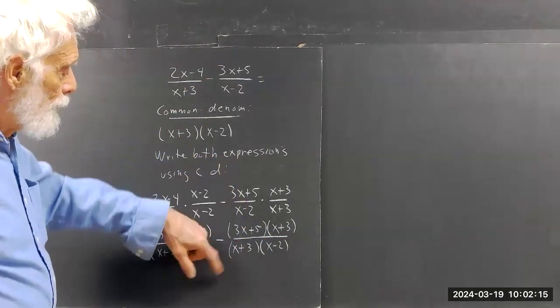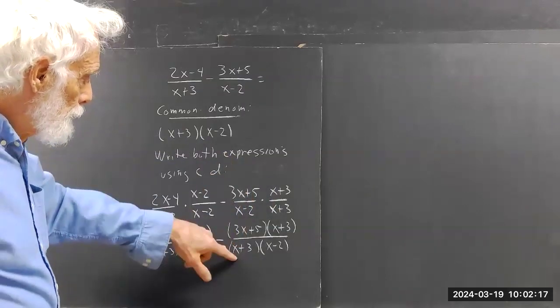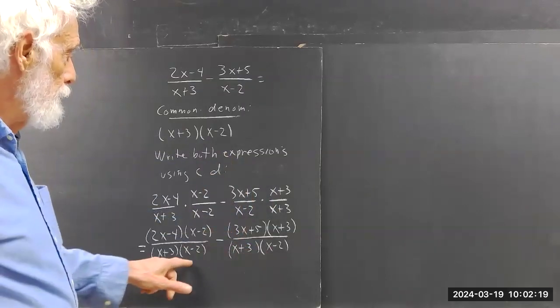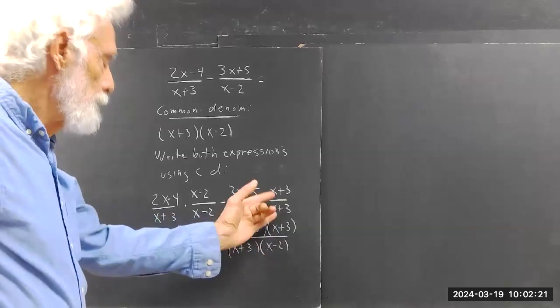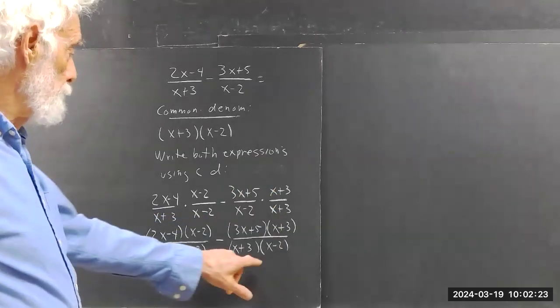And of course, I wrote the x plus 3 and x minus 2 here in the same order I did here. Doesn't matter in which order you multiply the things.